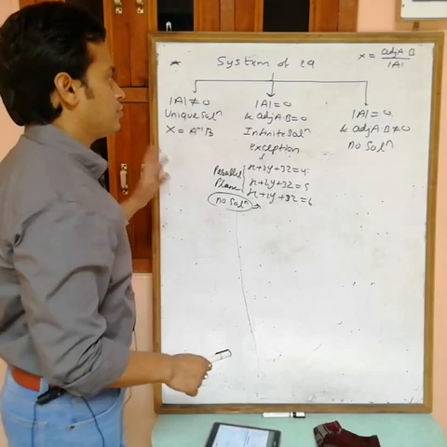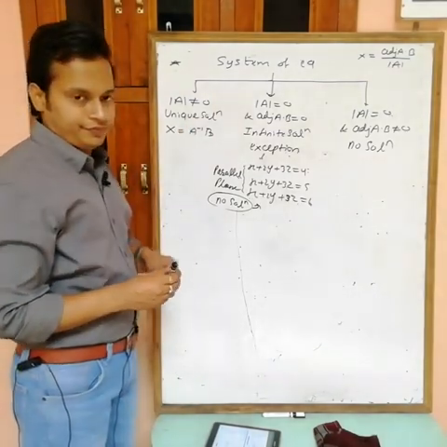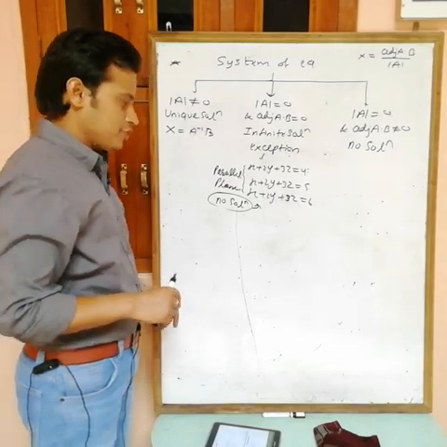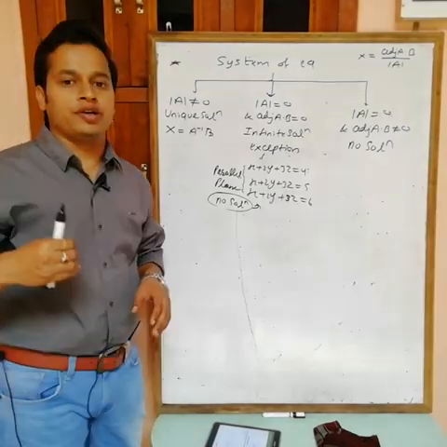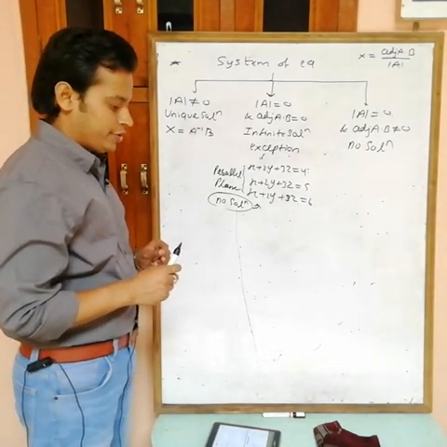Okay, so write down. After this we have the last topic, that is characteristic equation. So today this chapter will be completed.